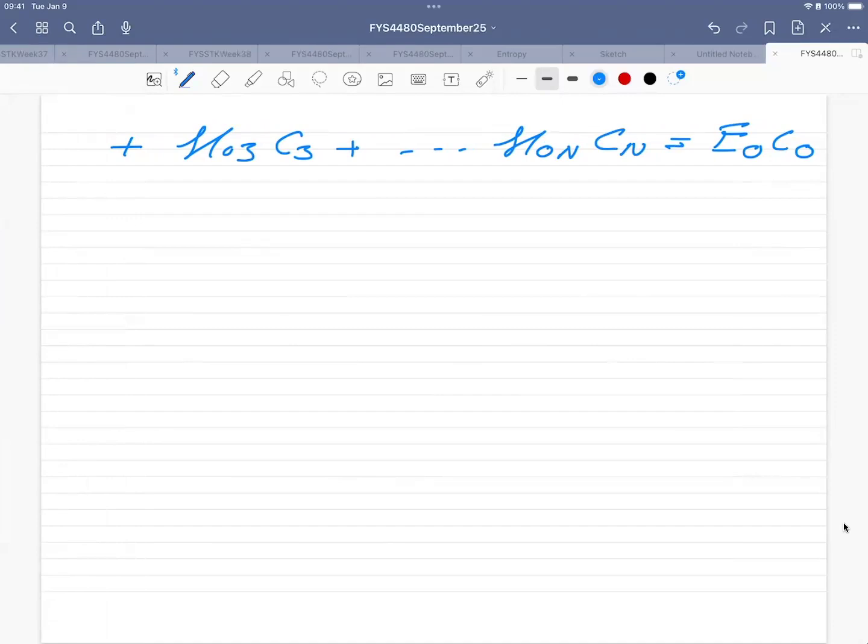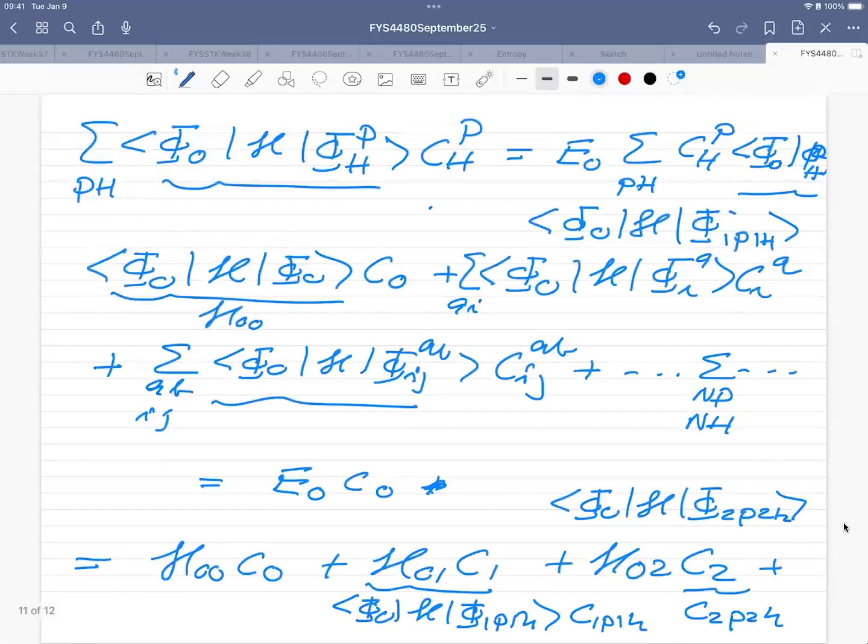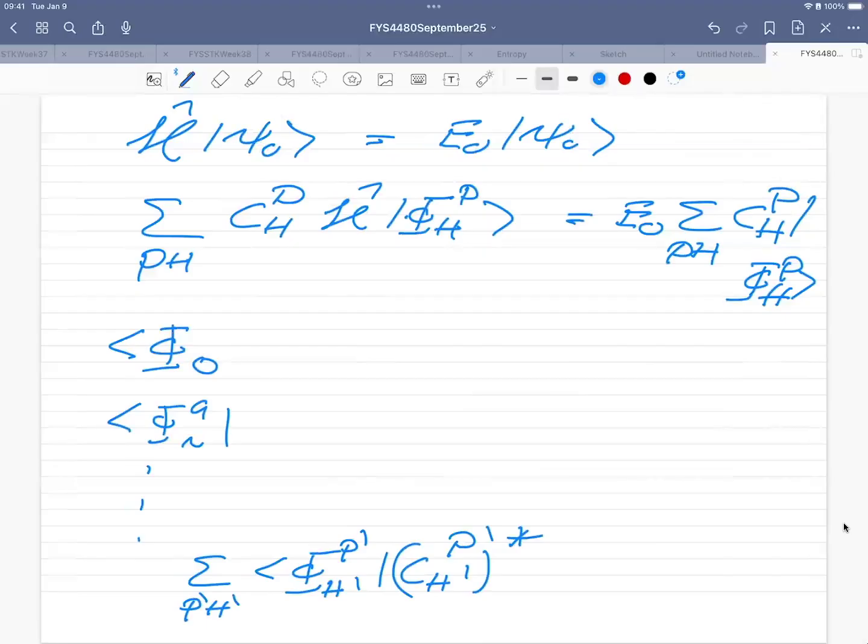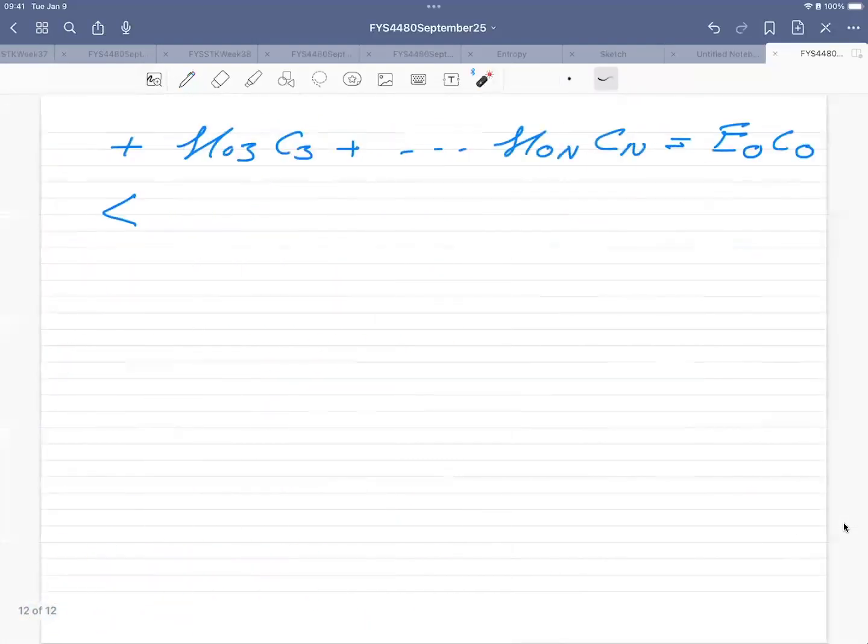Now you can repeat that again, and now you can multiply the same equation which you had here, the equation which, if we go back, so what I did was to multiply it with this one. Now I can multiply it with this state, and so on. So what you get then, and this is the compact notation, is the one particle, one hole block, which I've just labeled as 1 here.